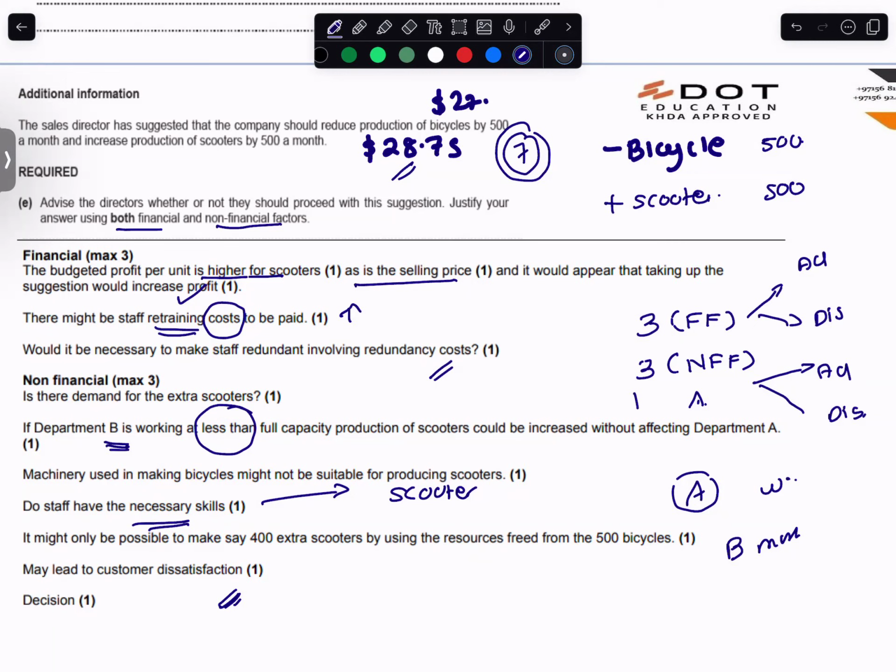The directors should see the demand for bicycles and scooters, because it is leading to profit, but at the same time, it is leading to increased cost of training. So they should see the demand for bicycles and scooters and decide accordingly.